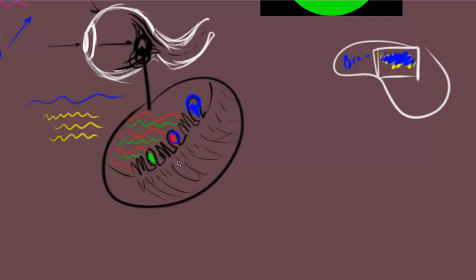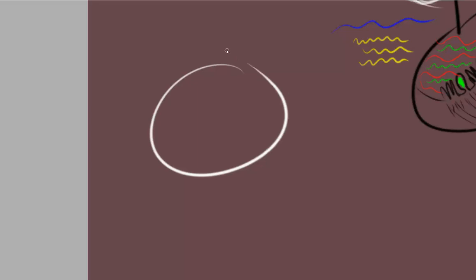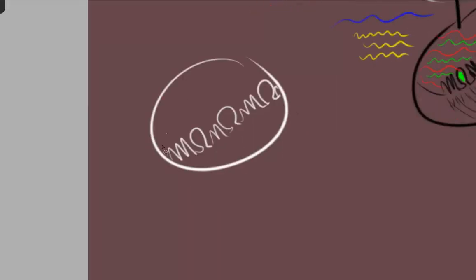The thing is, in low light situations, let's do another little diagram over here. Let's do it in white. Nice little circle. Rod, cone, rod, cone, rod. In low light situations, our rod cells start activating, overpowering our cone cells.